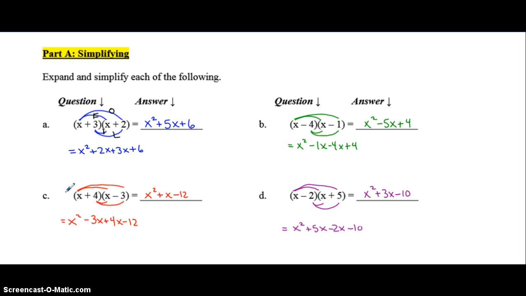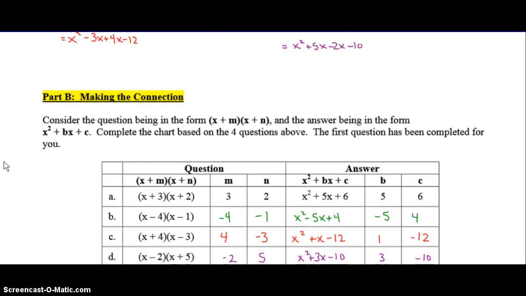That's FOIL, which is basically using the distributive law twice and then collecting like terms. So if this is the question and this is the answer, then you are expanding and simplifying using FOIL. Now FOIL is just an acronym, it's not a real math word.